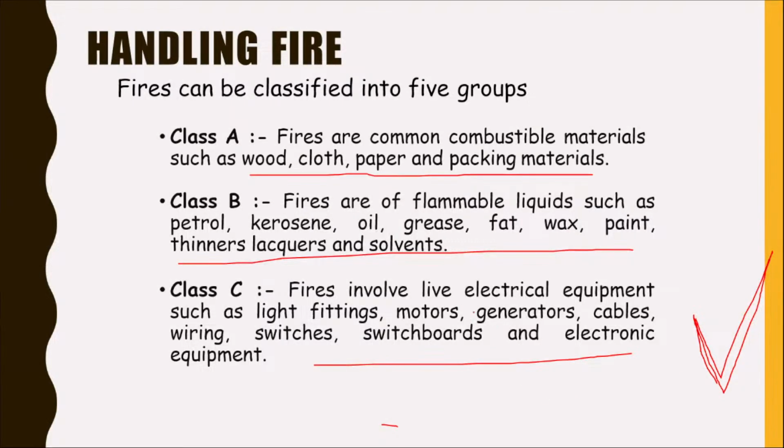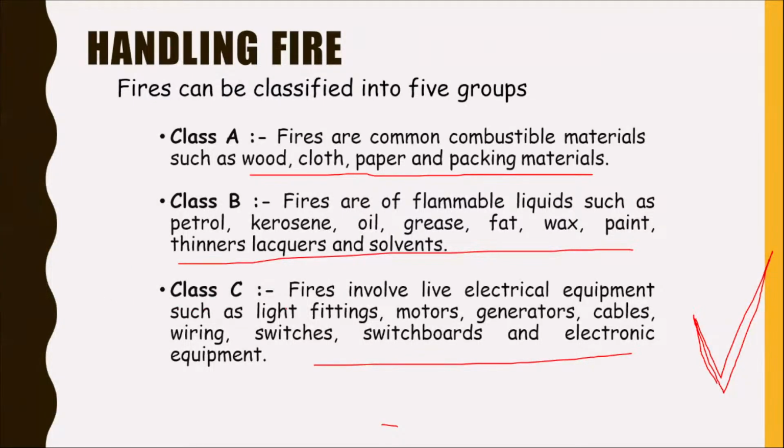Class A fires are common combustible materials such as wood, cloth, paper, and packing material, so combustible solid material. Class B fires are flammable liquids such as petrol, kerosene, oil, grease, fat, which are in liquid form, not solids.